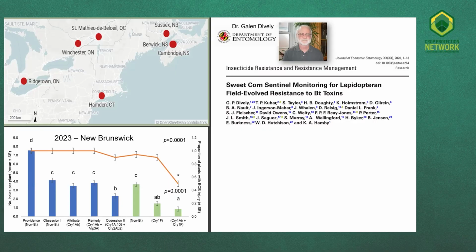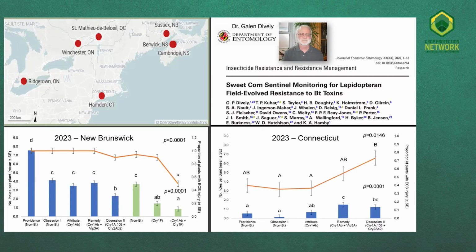Here's one of our worst sites in 2023, from New Brunswick in Canada. The bars in the graph show the number of holes per plant by the European corn borer, and you can see that there's corn borer injury in all of the different trait combinations that were planted at that site. A similar thing was observed in Connecticut in 2023.